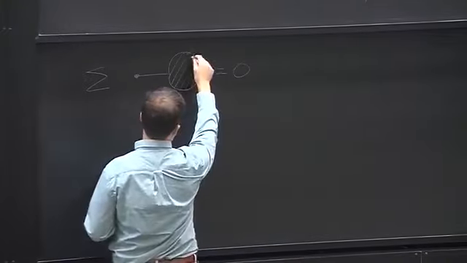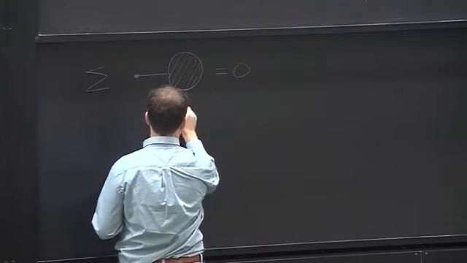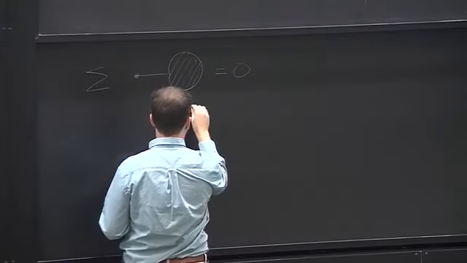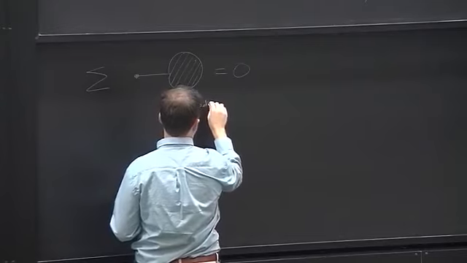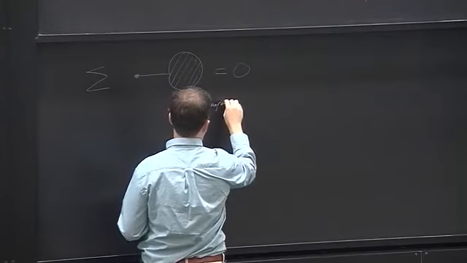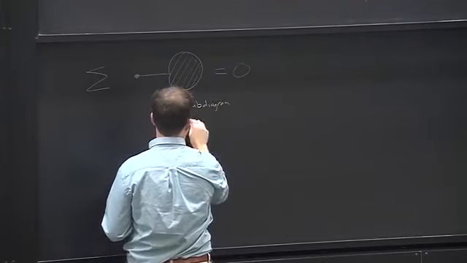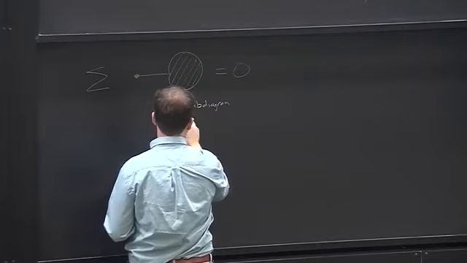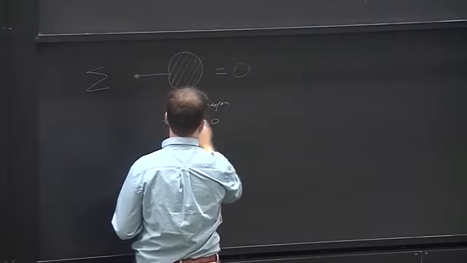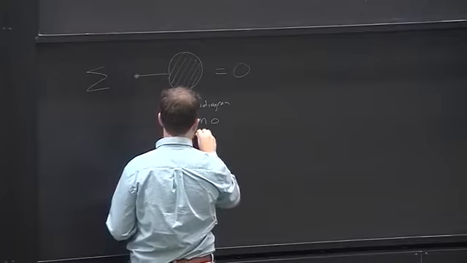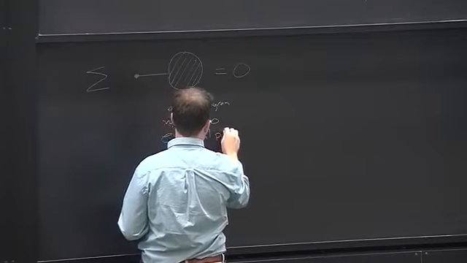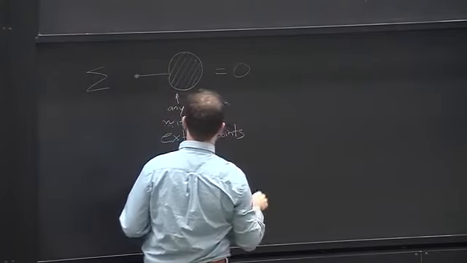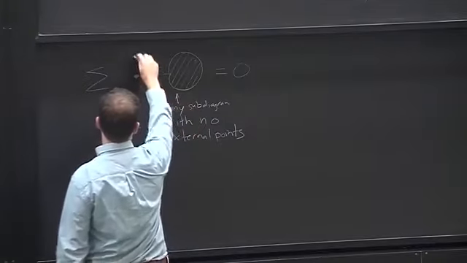So this shaded region here just indicates any subdiagram with no external points. And diagrams of this form are called tadpoles.